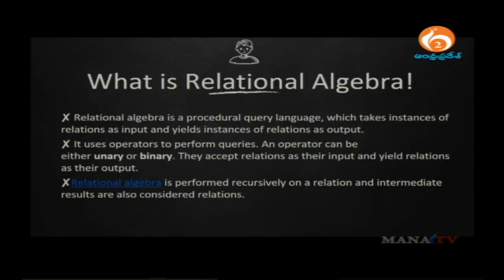Relational algebra is performed recursively on relations, and intermediate results are also accepted. Nothing but sometimes there are a few operators, statements, or queries in your databases or front end. For example, I'm writing a statement in programming. Say I have completed half of an arithmetic operation. At that time I can take that value also.